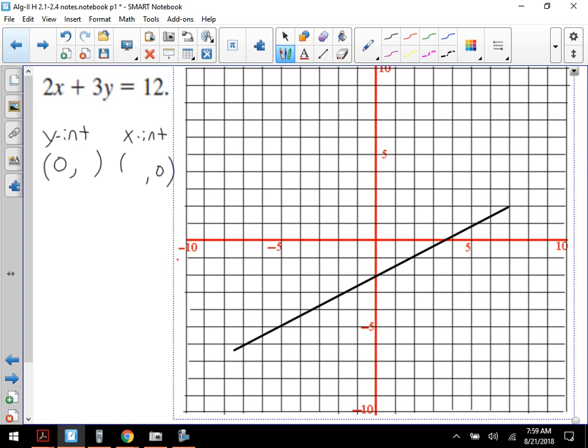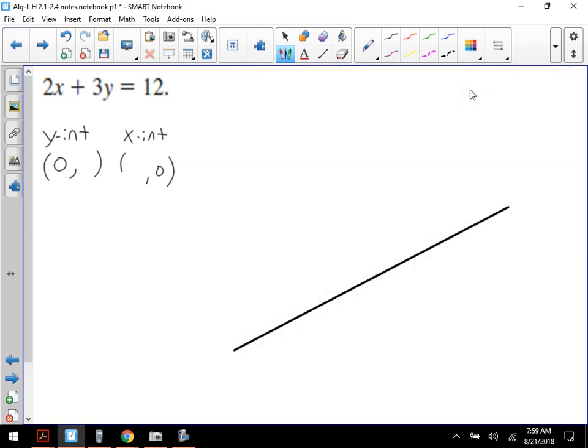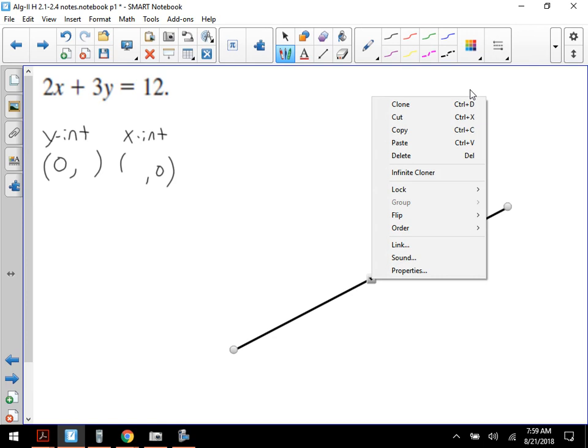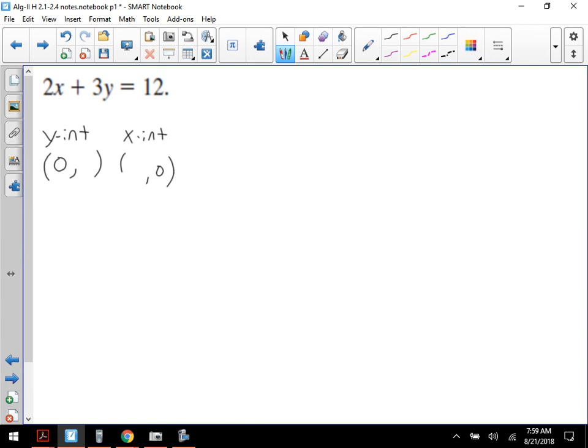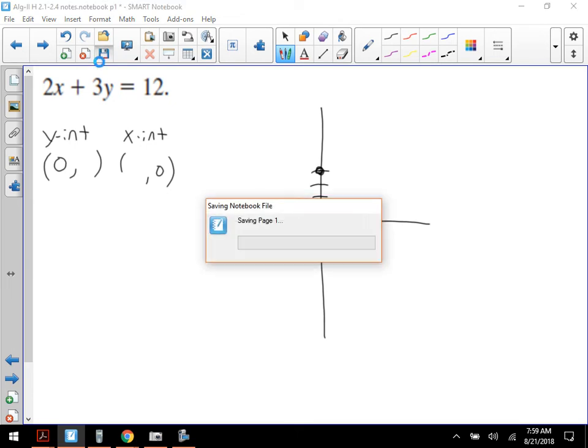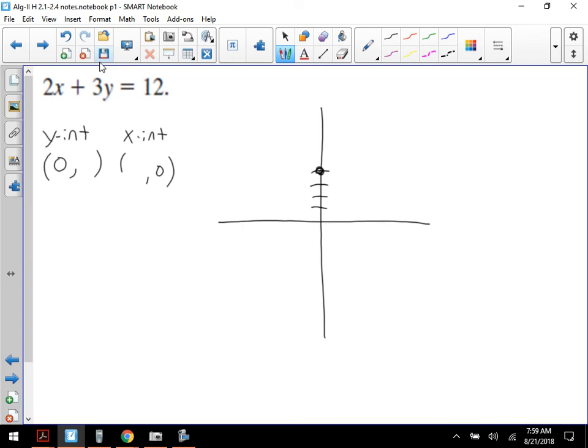So this idea of a quick graph, we don't need to be fancy. We know that if I cover up x, my y-intercept is at 4. If I cover up y, my x-intercept is at 6. Done.